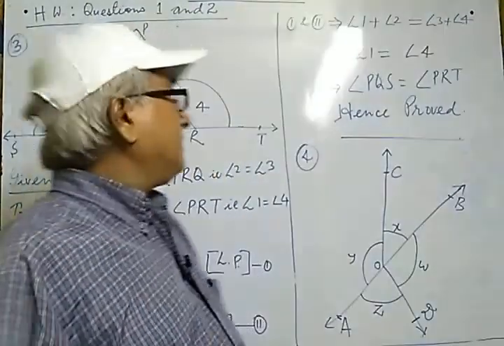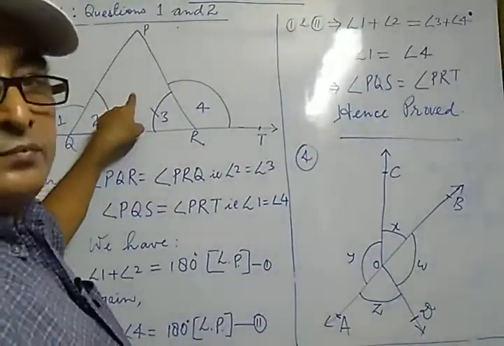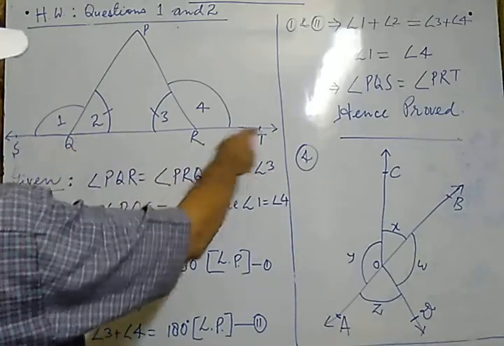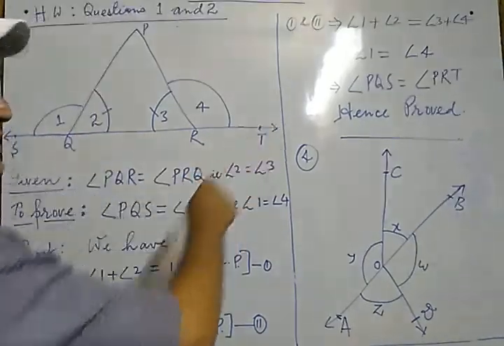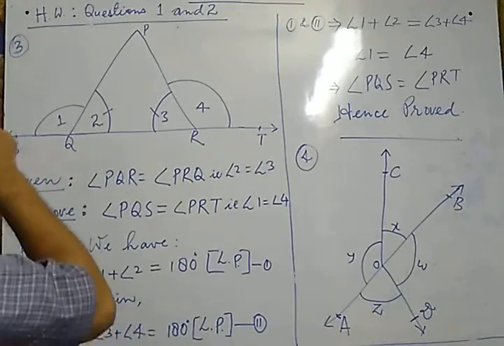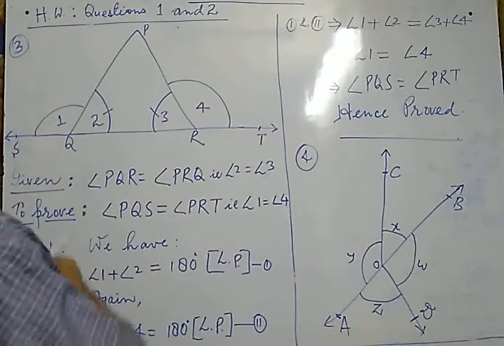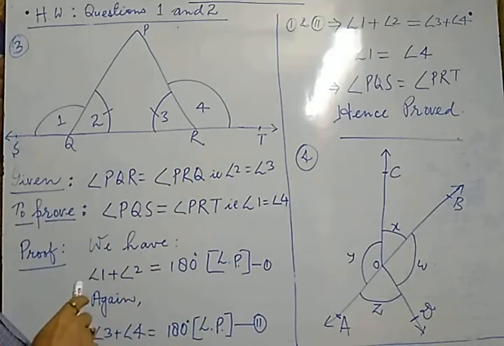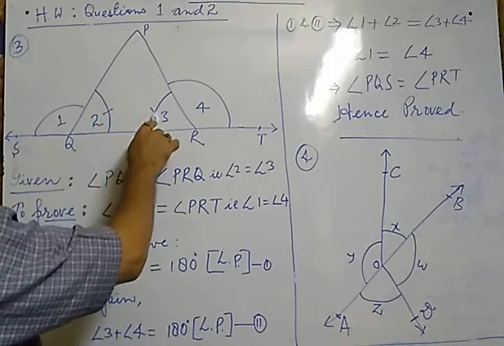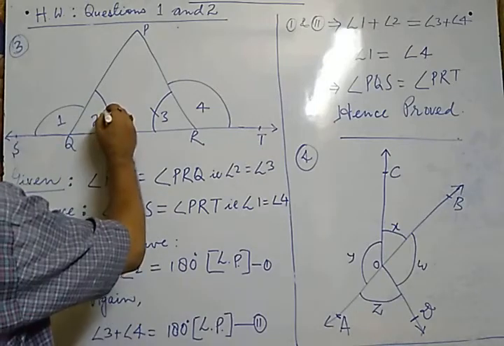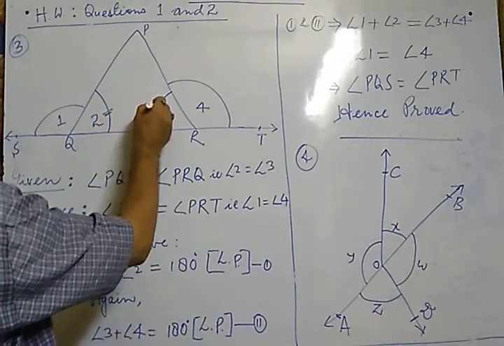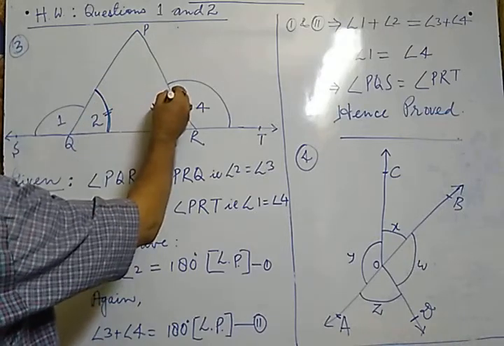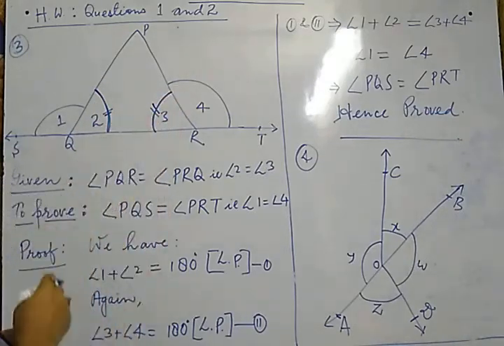You may observe here, the figure is already drawn. SQRS is representing a line. Afterward, it is said that angle 2 equals angle 3. It is already given here. So angle 2 equals angle 3 will be represented with an equal mark here, because from here to there this one is angle 2, and from here to there this one is angle 3.